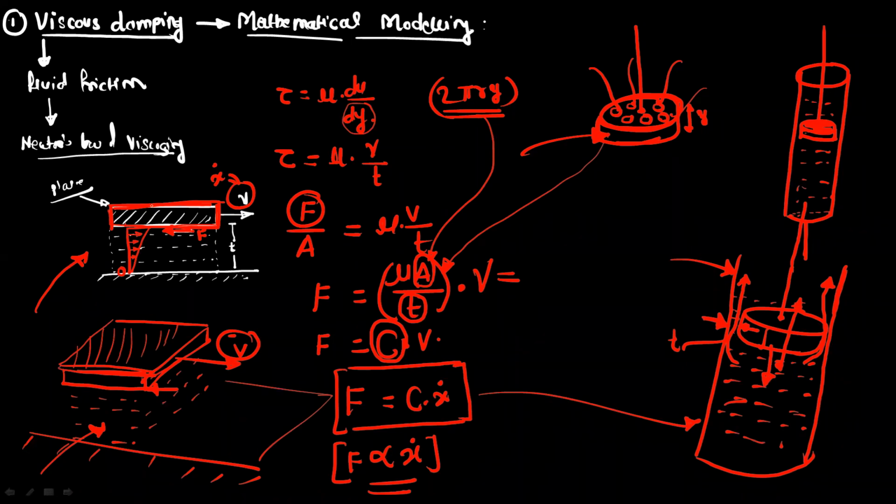You should remember this equation for the mathematical modeling. The damping force, which is FD, is equal to the damping constant C into x dot. This damping constant C depends on the physical dimensions of the damper and the fluid viscosity.